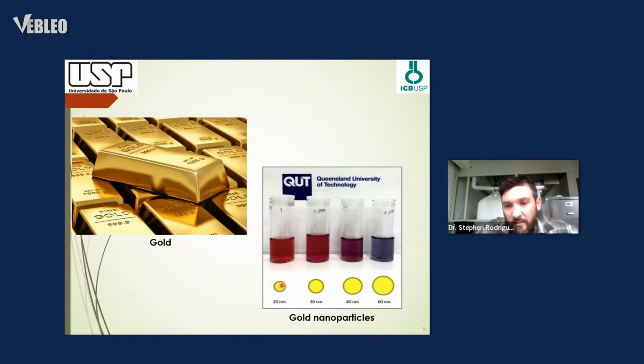You see nano golds with 20 nanometers in size. If you change this a little bit, 10 nanometers above that, the color is changed as well. At 40 nanometers, 60 nanometers, you can see that a physical property as simple as the color of something changes if you change the size of a particle.